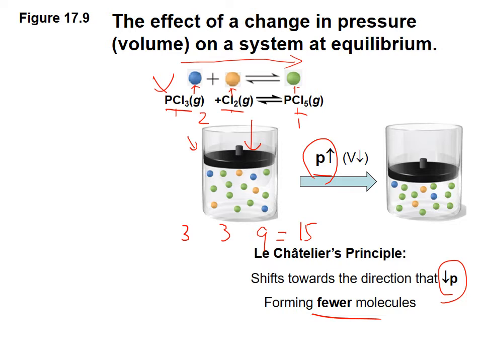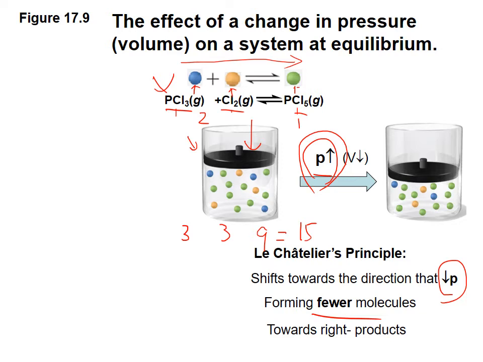Okay, if more reactants form product, the system will have fewer and fewer molecules, because whenever the reaction proceeds, 2 molecules become 1 molecule. And therefore Le Châtelier's principle predicts that if you increase pressure, the reaction will go forward.